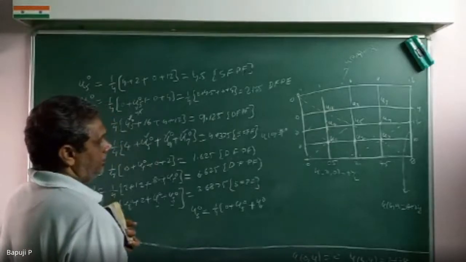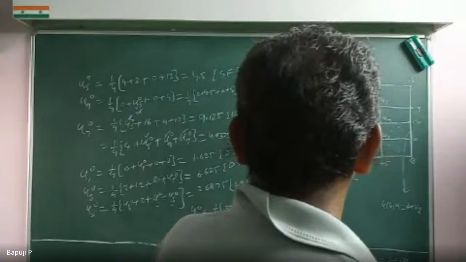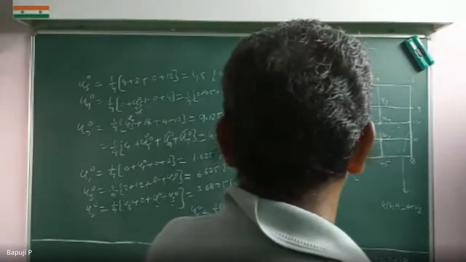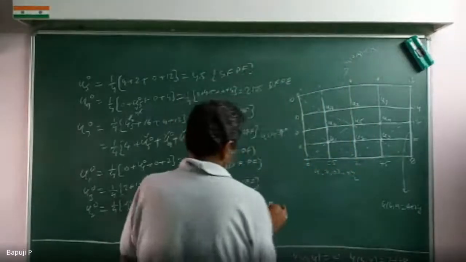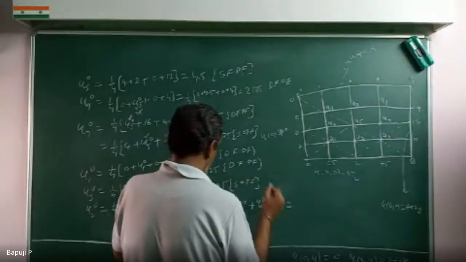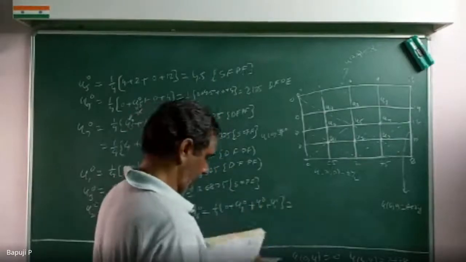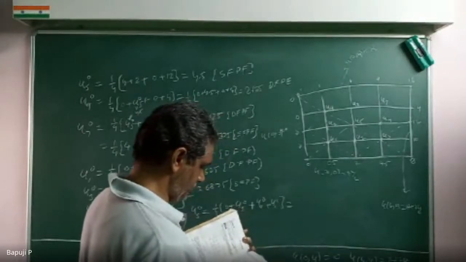That U6, I'm getting 2.0625. Wait, I'm coming. U5 of 0, U9 of 0, U1 of 0, known values. So U6 of 0 is 2.0625, correct? Yes, sir.